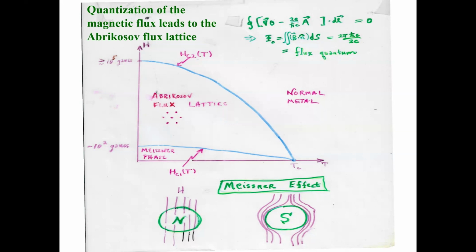But what Abrikosov predicted was a phase where the flux is expelled entirely below a certain lower critical field. There's an upper critical field, HC2, that's where you lose the superconductivity completely. And in between, as I said, the superconductor is punctured by a regular lattice of these defect lines. Now, Abrikosov in his brilliant thesis made a small numerical error and thought that the lattice would be square, but it turns out the correct answer is triangular, which is what's been observed experimentally many times.